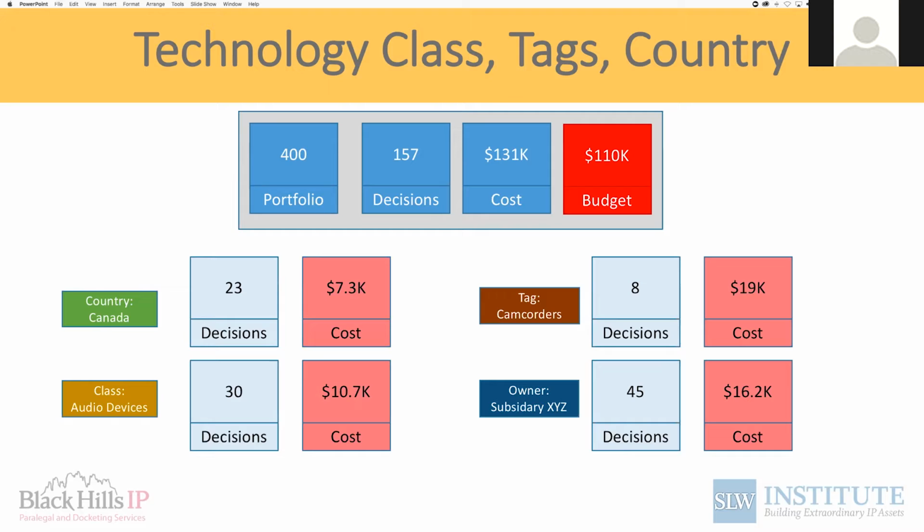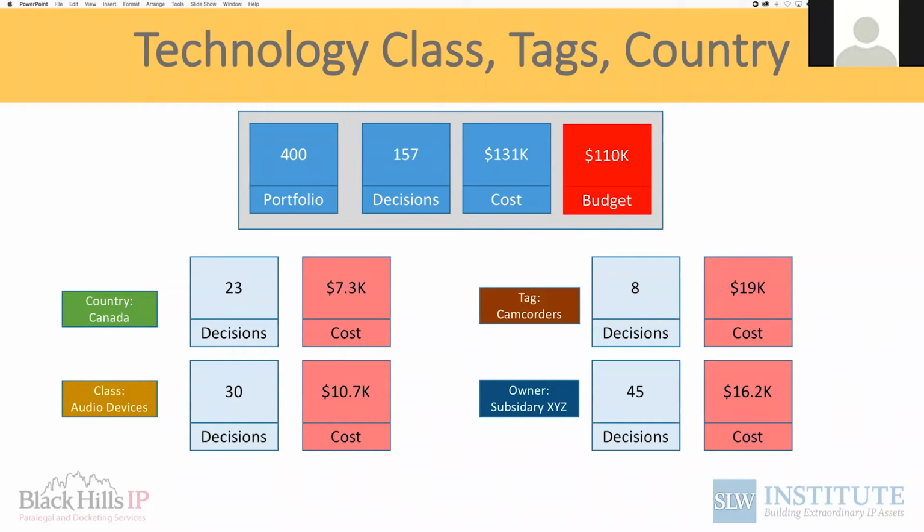Let's say we have a portfolio of 400. In a given year, I might have 157 decisions with an all-in cost of about $131,000. And finance comes and says, we've got to cut the budget by $20,000, so I've got about $110K budget this year to work with.